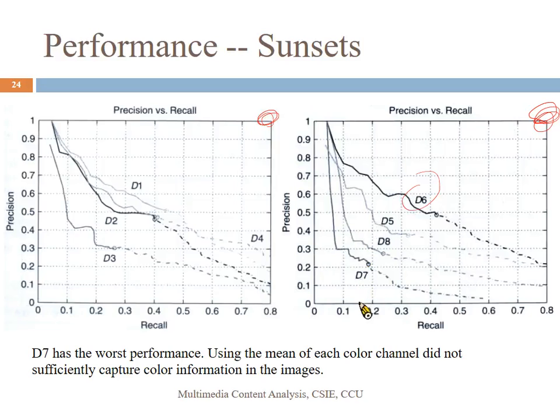And we can see that D7 has the worst performance. D7 is where we use the average red, green, and blue. So a simple feature gives us such bad performance. Here, using the mean of each color channel did not sufficiently capture color information in the image. And D6 is where we use the Mahalanobis distance.